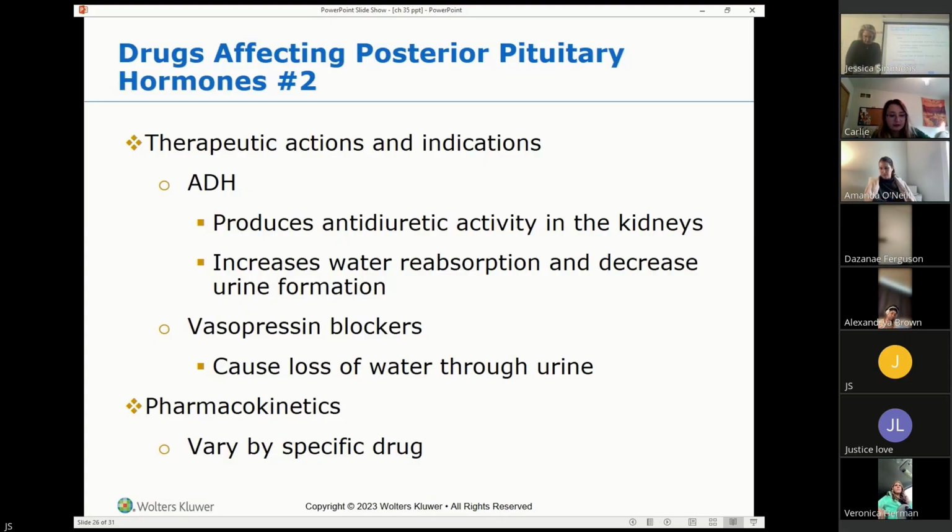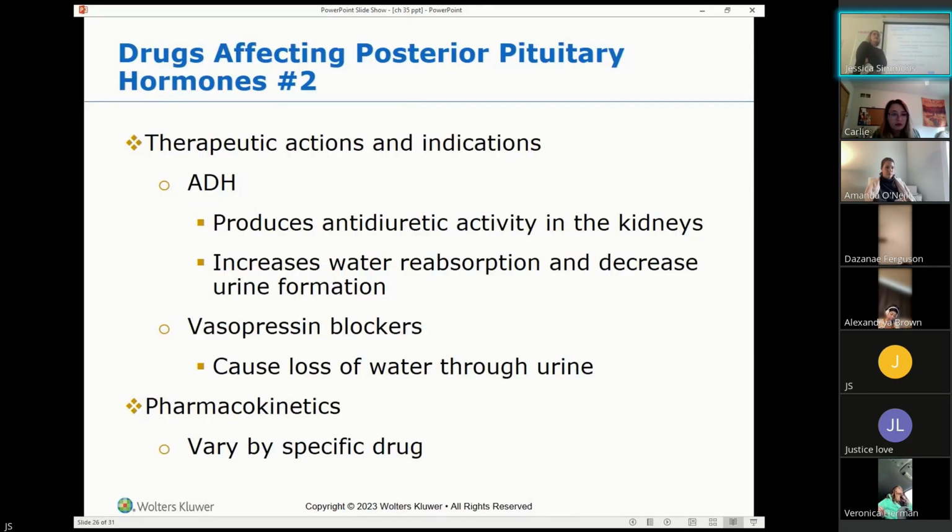This all starts on page 599. So desmopressin and vasopressin are both synthetic forms of ADH. And vasopressin, if you know anything about pressors yet, I don't know if you do, does a very good job at increasing your blood pressure.